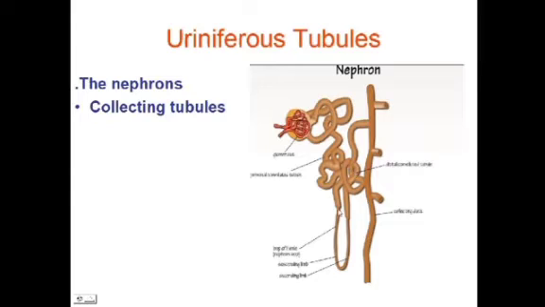Then we have the intermediate tubule, which lies between the straight parts of the proximal and distal tubule. The distal tubule also consists of the pars recta, that is distal straight tubule, and pars convoluta, that is distal convoluted tubule. The convoluted parts of the proximal as well as distal tubules are located in the cortex of the kidney, along with the renal corpuscles.